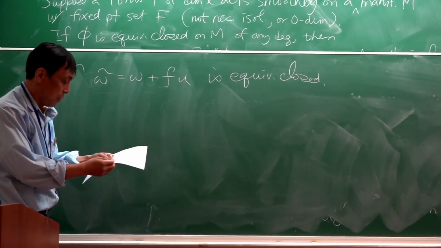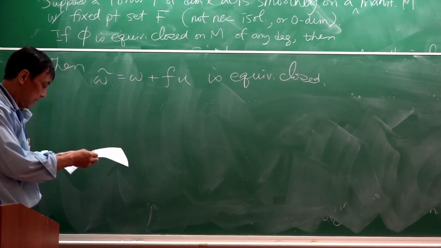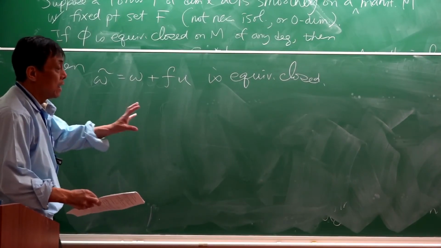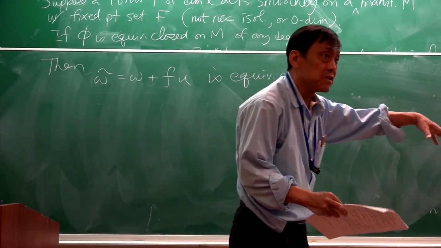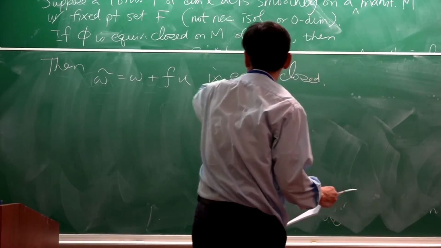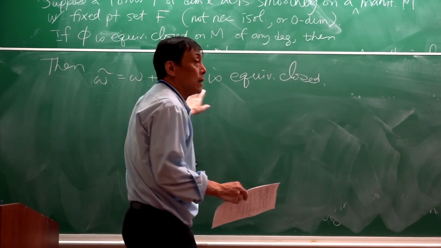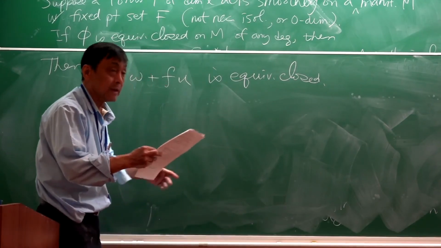So if you have a Hamiltonian action, then omega has an equivariantly closed extension.